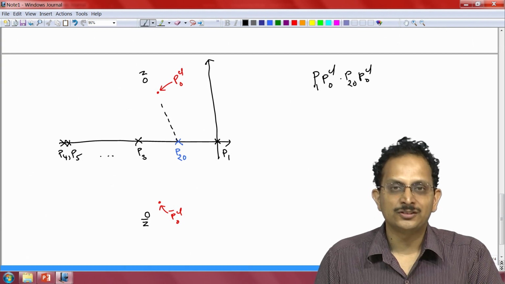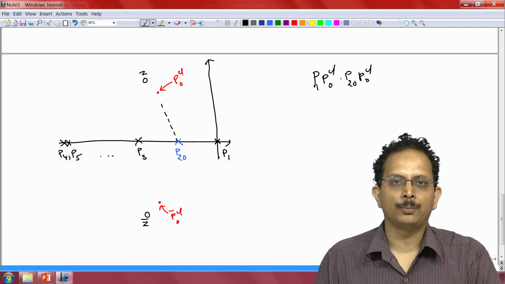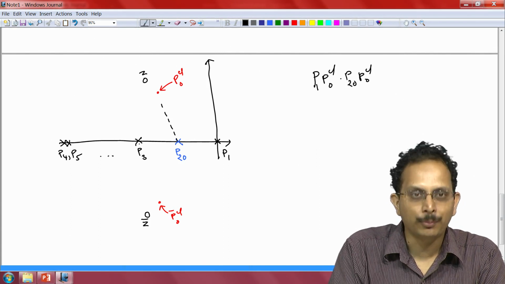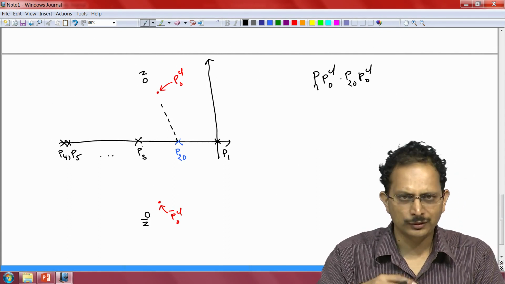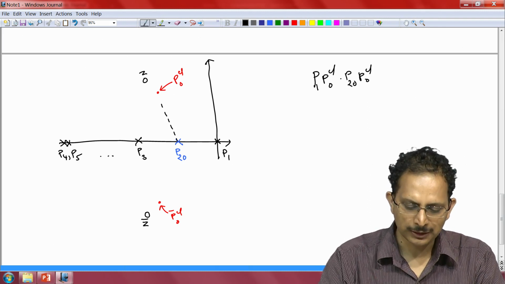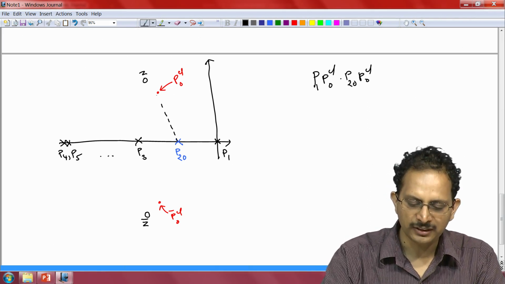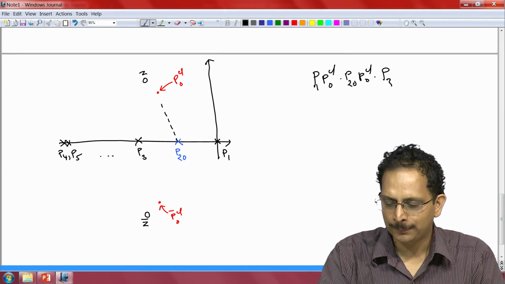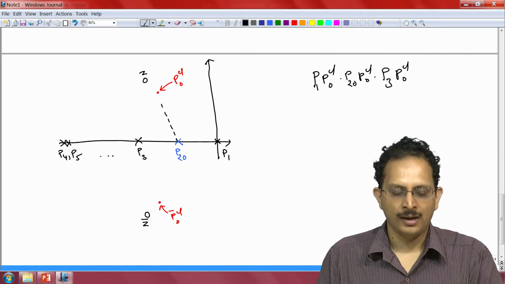The third term is S plus 2 evaluated at the point PCL naught, and the point S is equal to minus 2 is essentially the point P3 here. Therefore, once again with the same logic, we can conclude that the term S plus 2 is nothing but the complex number that starts at the point P3 and ends at the point PCL naught. So the third term is P3 PCL naught.